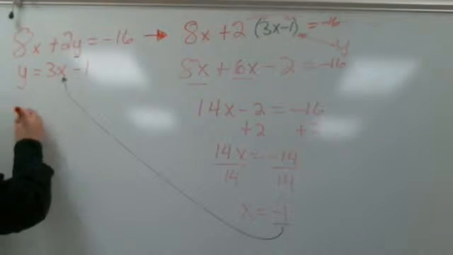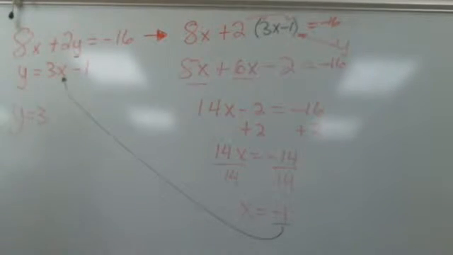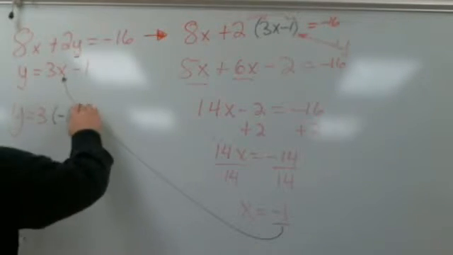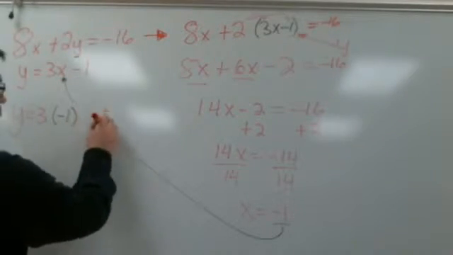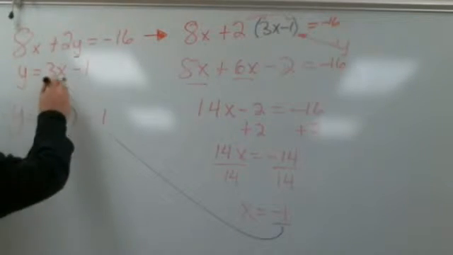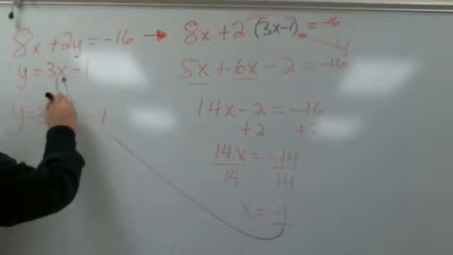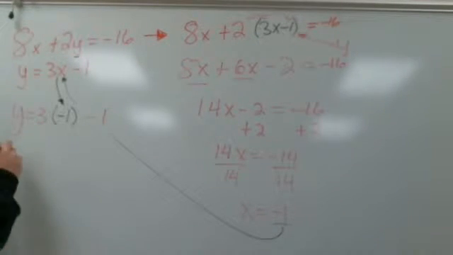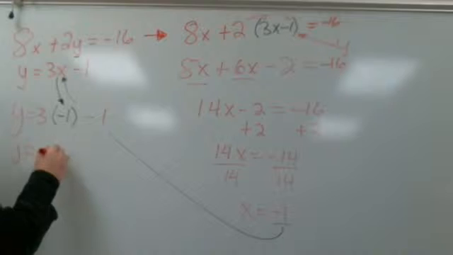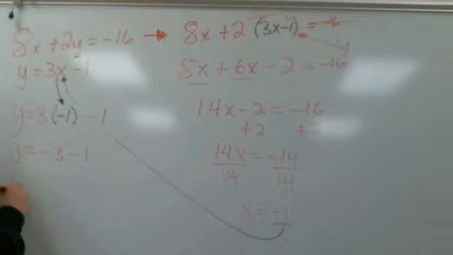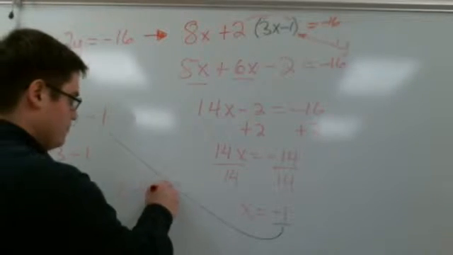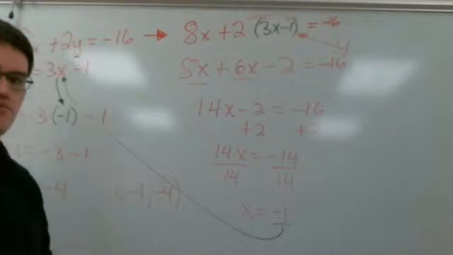So I get y equals 3 times negative 1 minus 1. Y equals negative 3 minus 1. Y equals negative 4. So my ordered pair would be negative 1, negative 4.